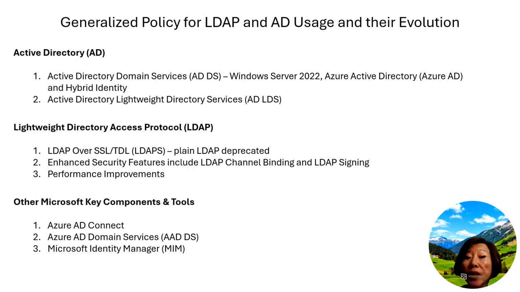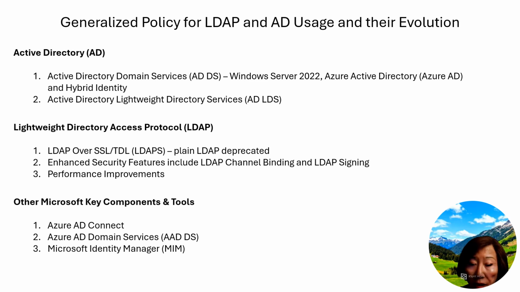So this AAD DS, Azure AD Domain Services, provides managed domain services such as domain join, group policy, and LDAP compatible with traditional ADDS, but hosted in the cloud, hosted in Azure. This allows organizations to move legacy applications to the cloud without rewriting them.